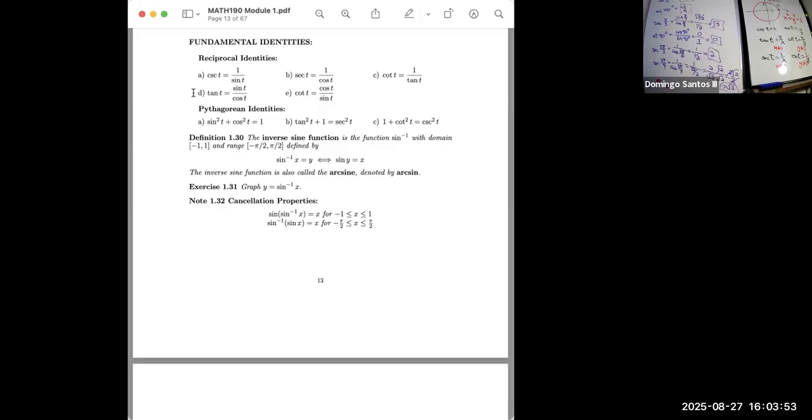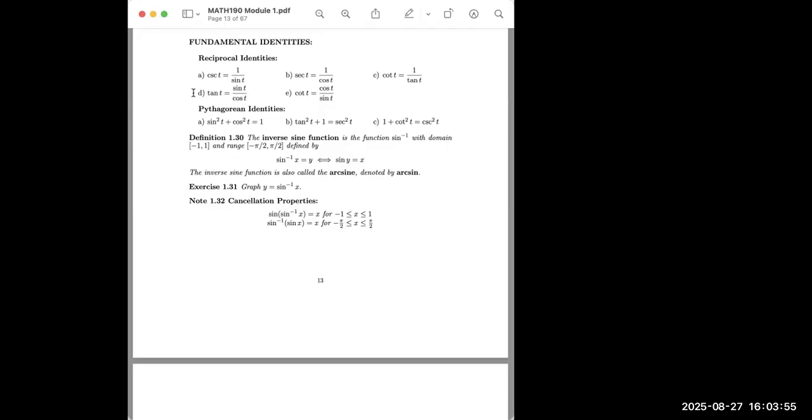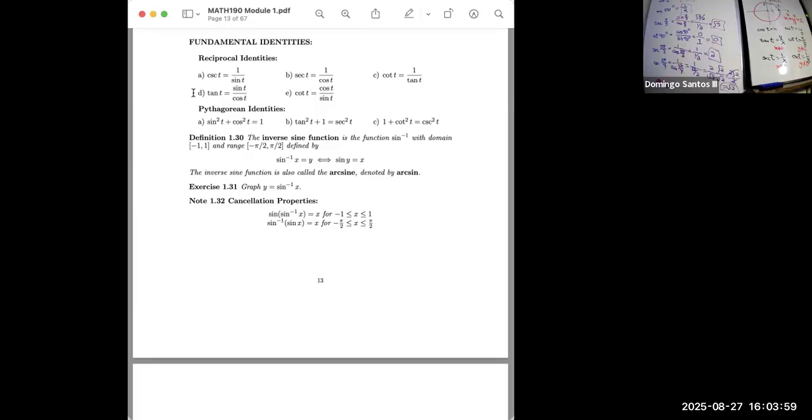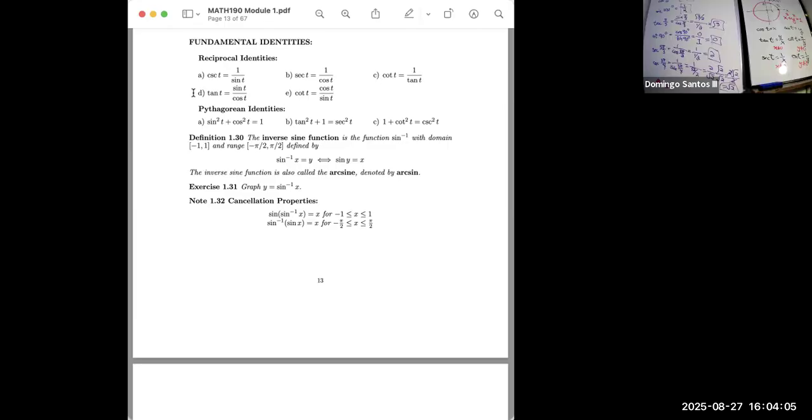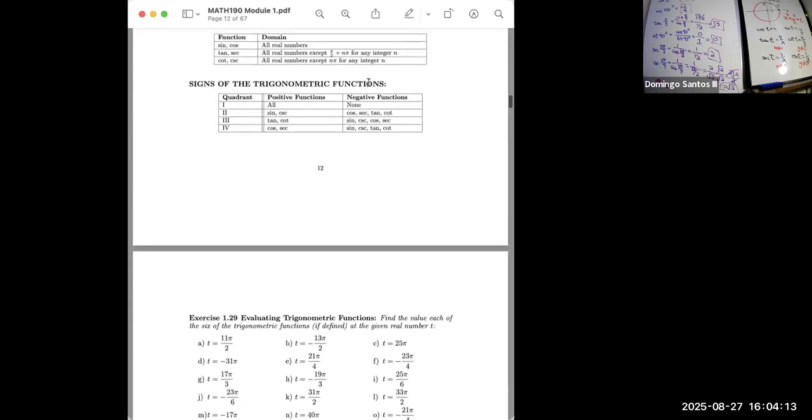Letter D, please. Tangent t equals sine t over cosine t. You mean cosine t? Okay, dokie. Because cosecant, class, will be CSC. That's how you write it. Let's go back.